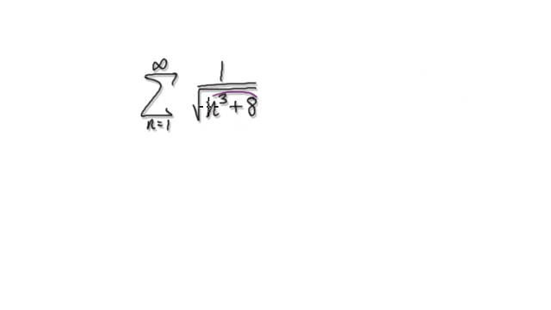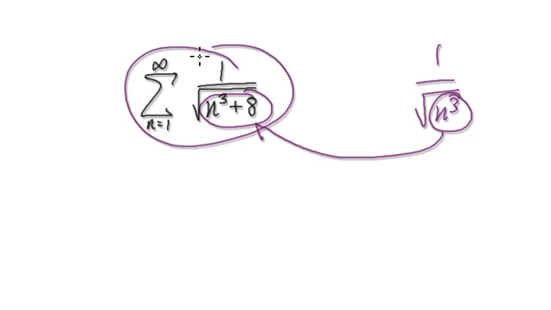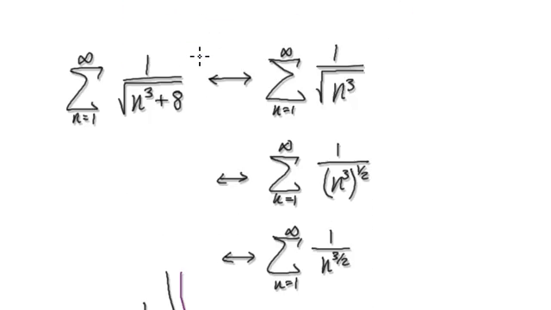The point here is that this thing here is going to be similar to n to the power 3. So rewrite this: as n gets bigger and bigger, as n heads towards infinity, we can consider this thing here as this.